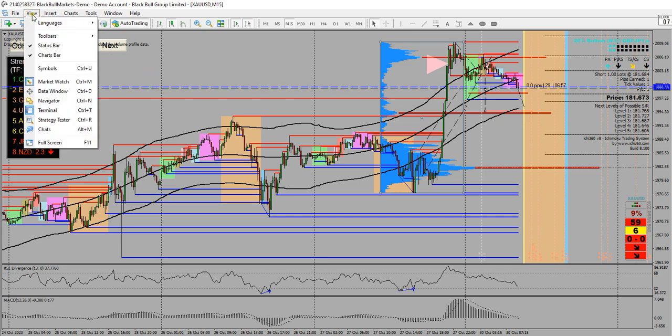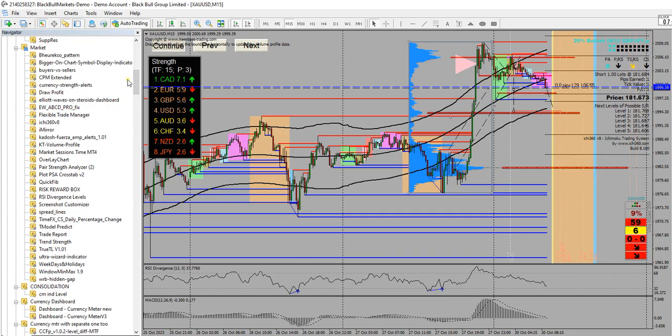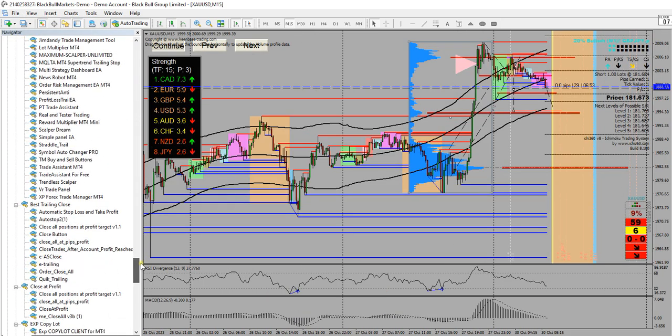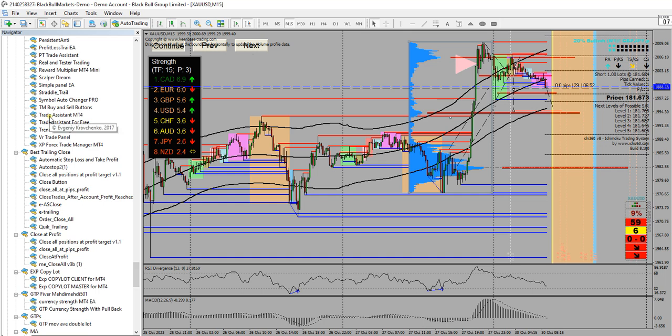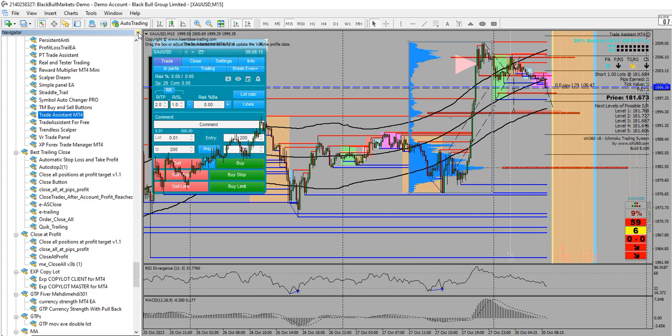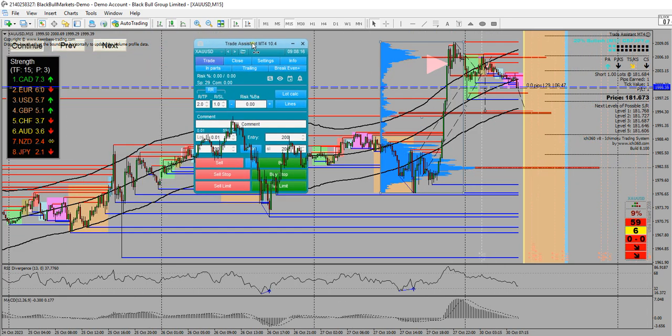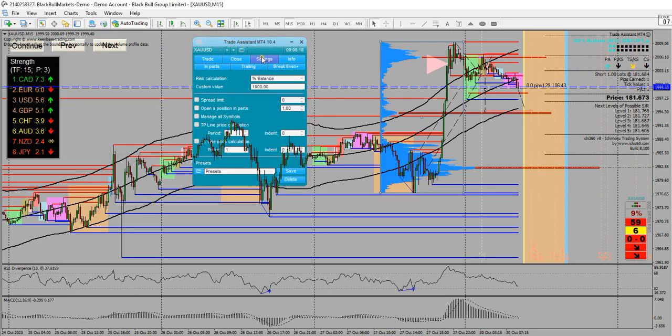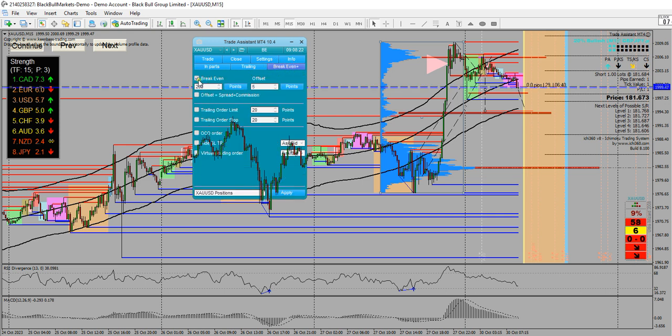And for some reason the symbol changer has disappeared on this one, so that's quite good. I'll put it back later. We just check our settings. Break even 200. This looks like it's quite advanced.